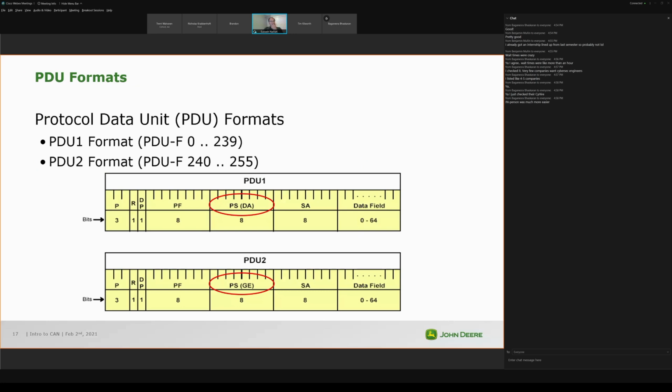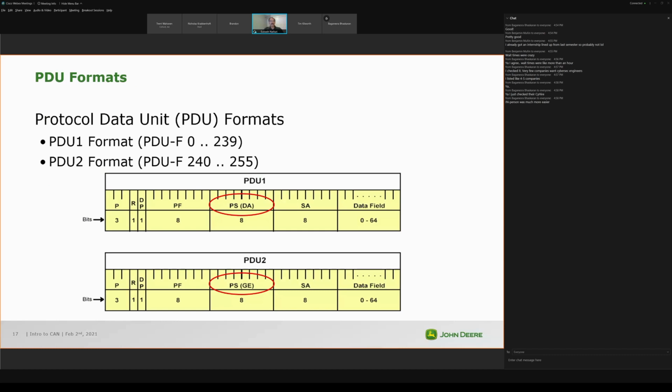And for PDU, you have two formats here, PDU1 and PDU2. PDU1 is 0 to 239, that's the 8-bit field that you see here. And PDU2 is 240 to 255.